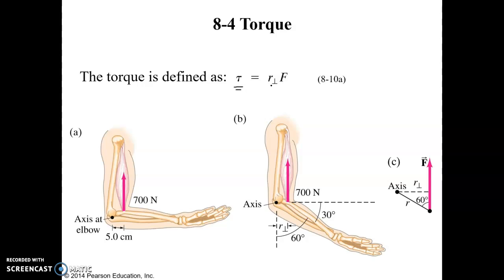Tau is torque, and that's equal to the radius r, and it has this perpendicular subscript indicating that the distance from the point of rotation and the force being applied, those two lines, the line of action of the force and this imaginary line here, they need to be perpendicular to each other. So it's the perpendicular distance times F, whatever this force is. Okay?